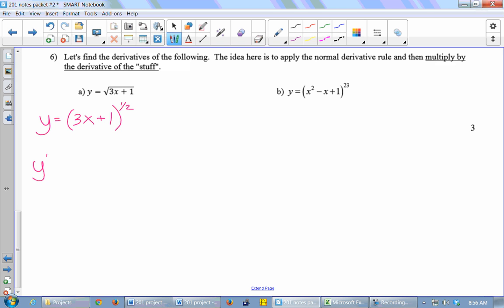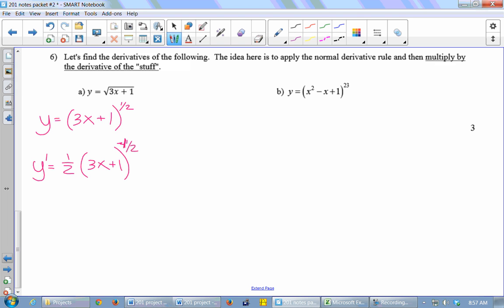All right, so if I want to take y prime, this is some stuff to a power. So apply the power rule to the stuff first. So what would I write if I was going to apply the power rule here? There we go. So I applied the power rule.